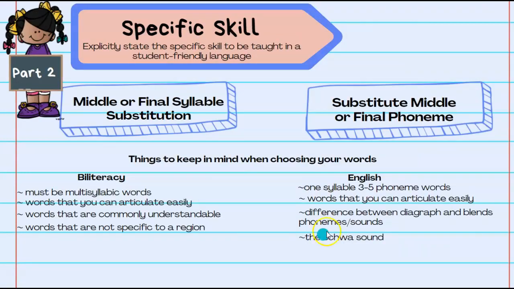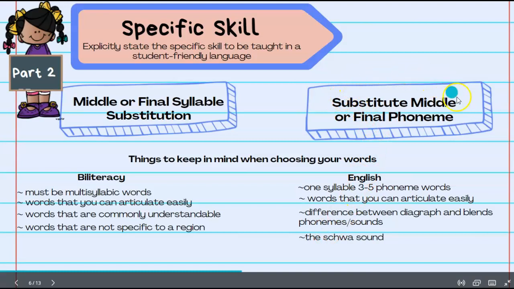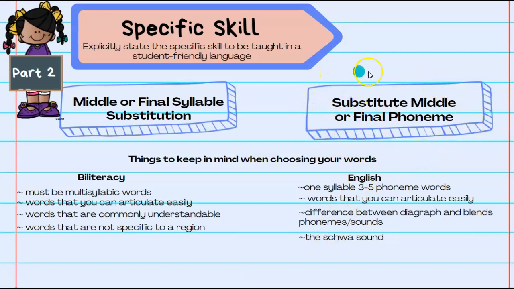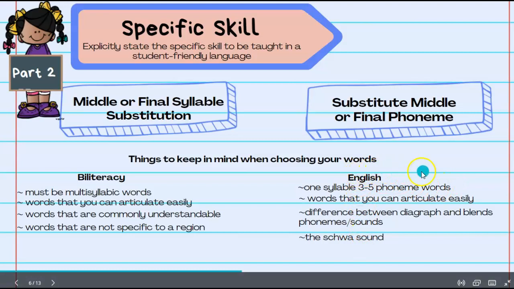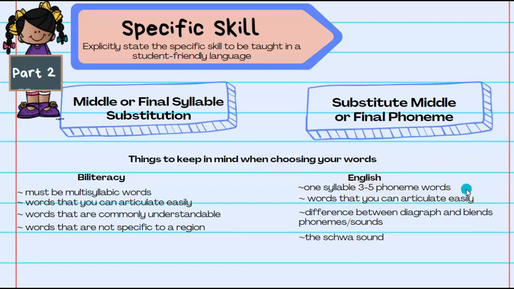Your specific skill again is to teach a lesson in which you are focusing on substituting the middle or final sounds in words to make new words. The following is the criteria for the kinds of words you need to choose for your lesson.